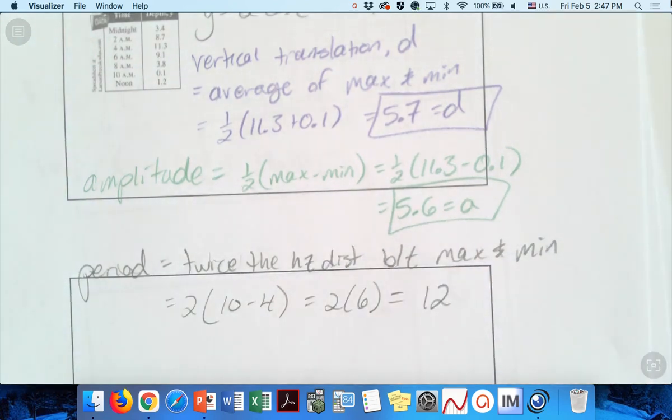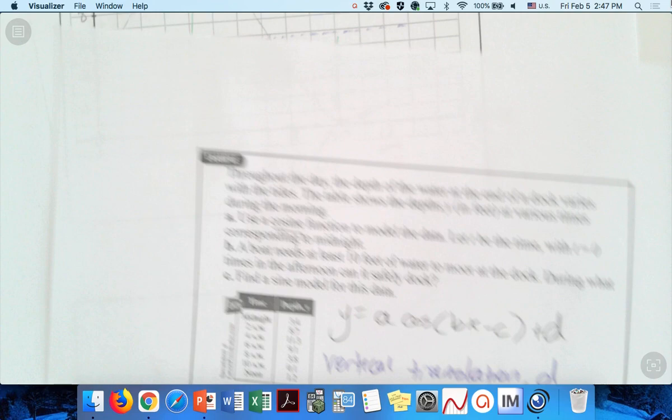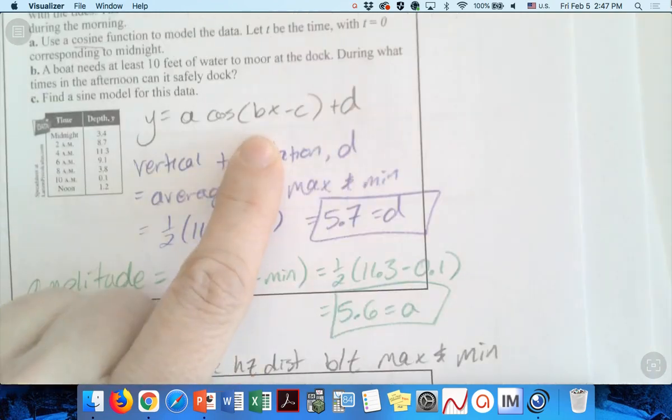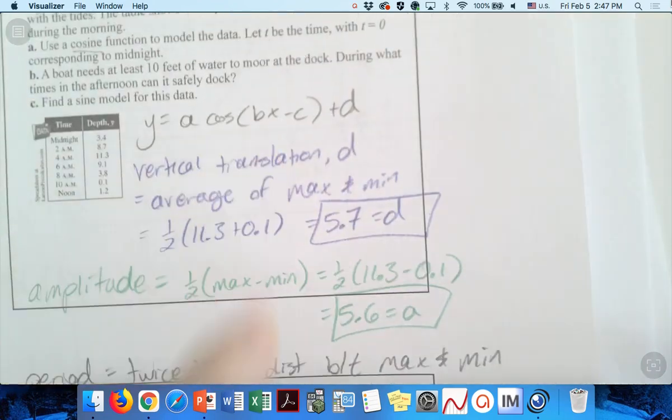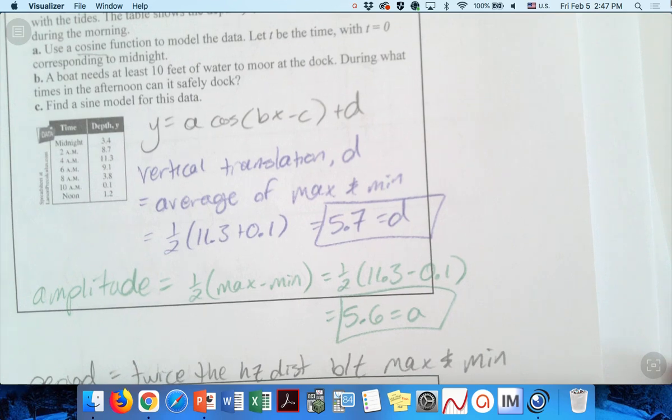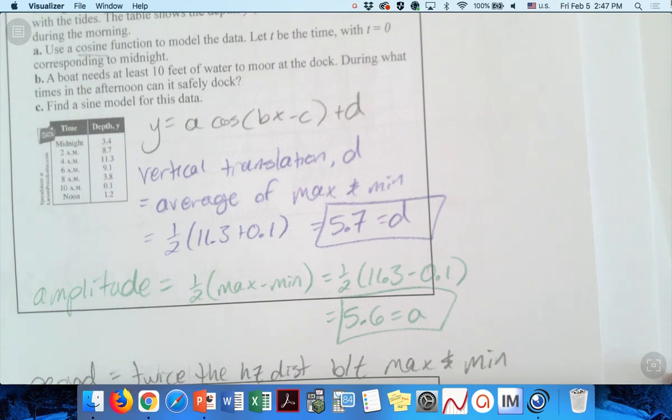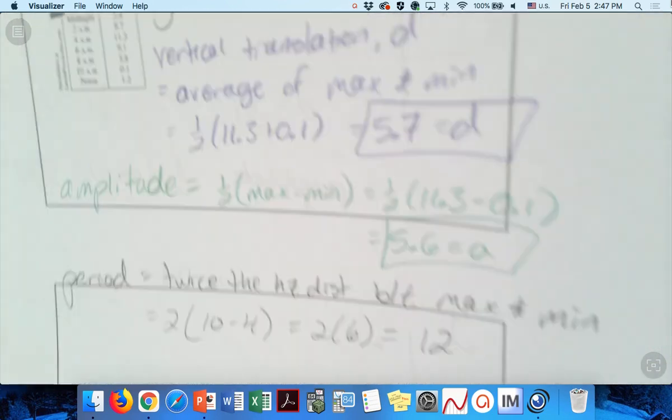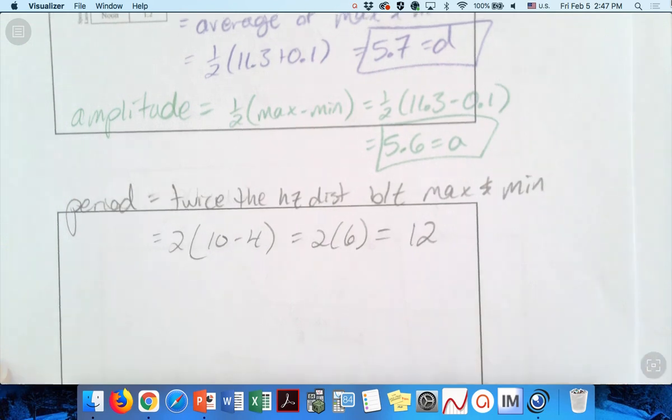So that's all fine and good, we know what the period is, but we have to figure out the value of B. Well, on your homework last night, I was giving you the equation, and you were telling me what the period was. So we just need to work backwards. How did you find the period when I gave you the equation? 2 pi divided by b.